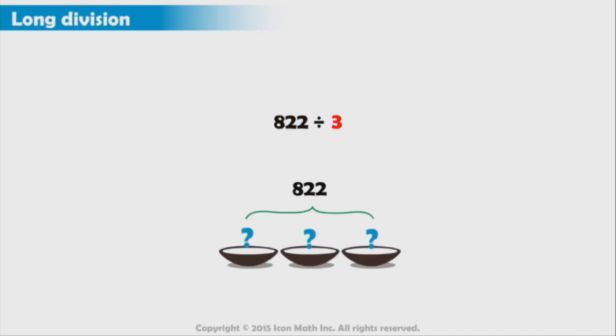In this expression, 822 is the dividend, which is the amount we have. And 3 is the divisor, which is the number we are dividing by. With division, we are asking, how much is in each group if we want to evenly divide 822 among 3 groups?